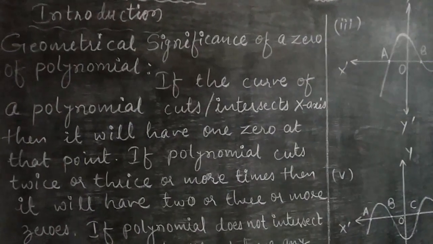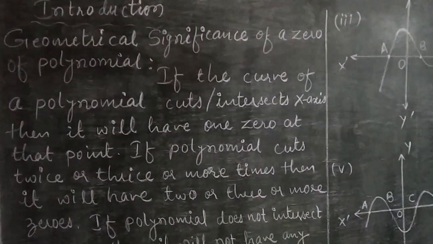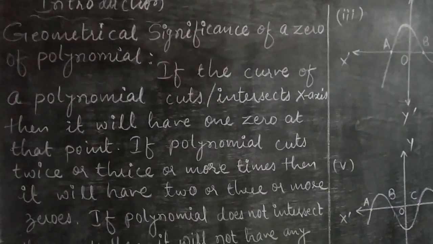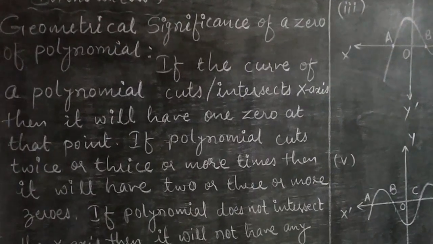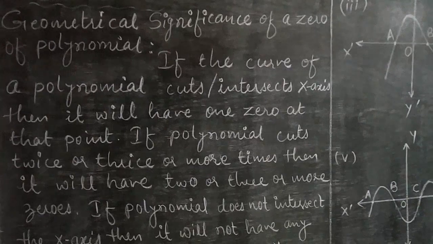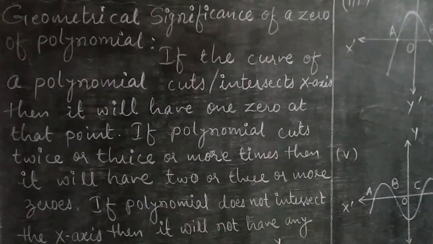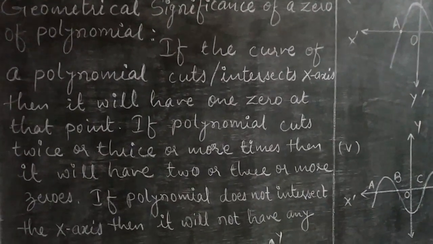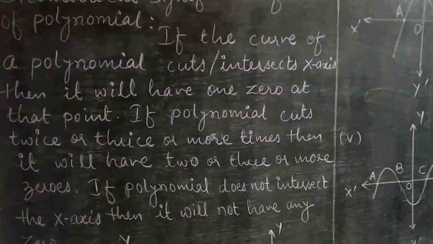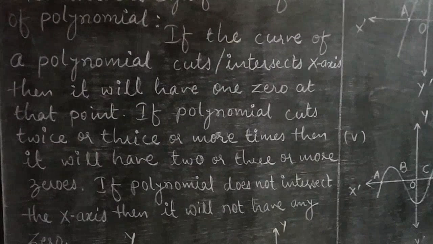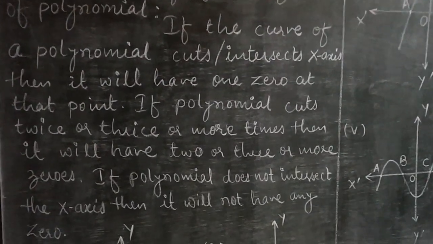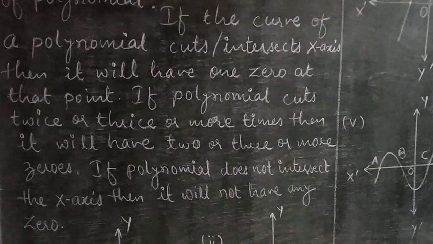After taking the concept of zero, we will take its geometrical significance. So what is the geometrical significance of the zero of the polynomial? If we draw the curve of the polynomial and if it intersects the x-axis at any point, then there will be one zero of the polynomial. If it intersects or cuts the x-axis 2 times, then it will have 2 zeros, 3 times, then 3 zeros, or more times, then more zeros.